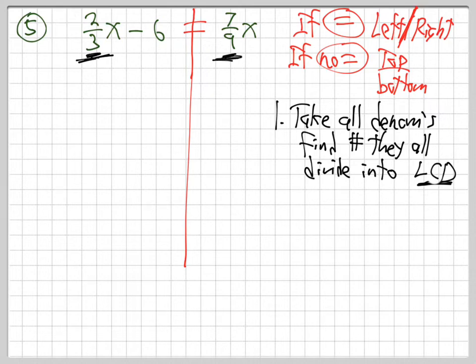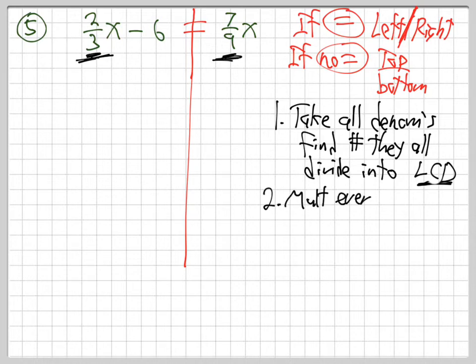Those are the two denominators. What is a number that 3 and 9 both go evenly into? 9. Right? They both go into 9. Now, could you multiply them together and make 27? You could. That'd be harder. It'd work, but it'd be more difficult. The lowest common denominator, LCD, the lowest number they both go into is 9. That'll be easier.